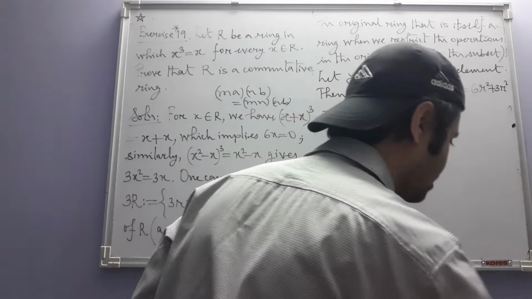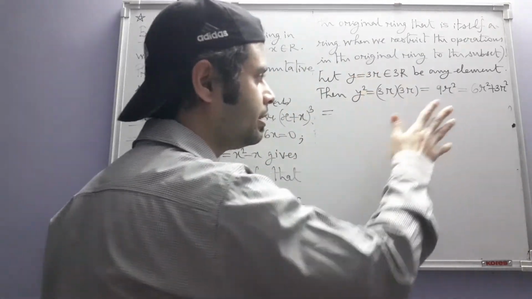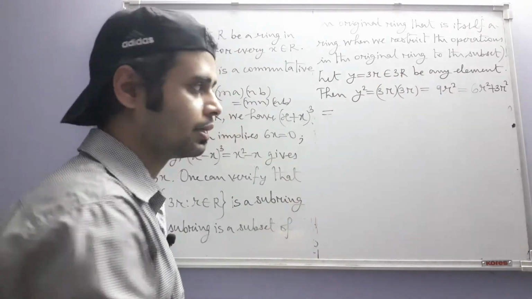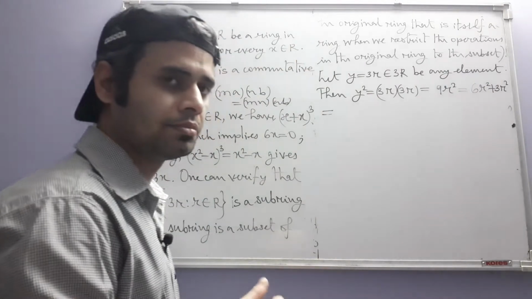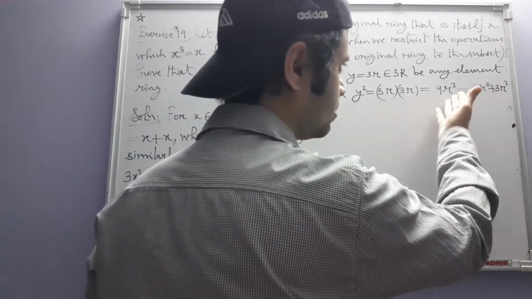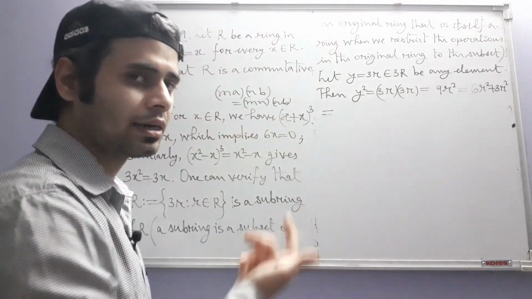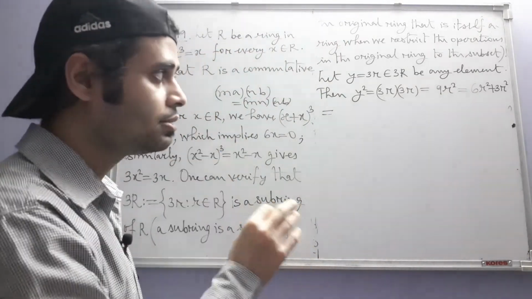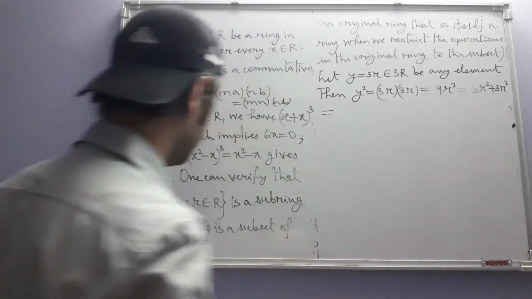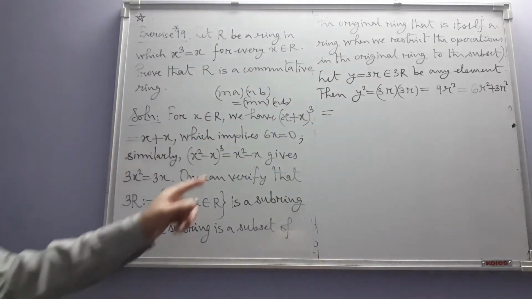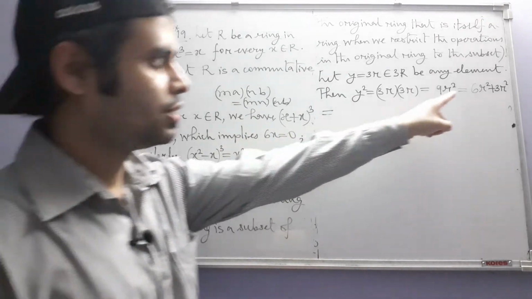If we are not careful about these steps, why they are true, we may easily end up making mistakes. Here it just feels like this should be true, but it's not casually true, just like these are numbers. That's not the reason for it to be true. The reason is something else. Okay, now we have proved that 6 times any element in the ring is 0. So this is going to be 0.